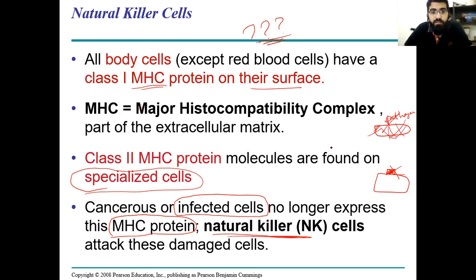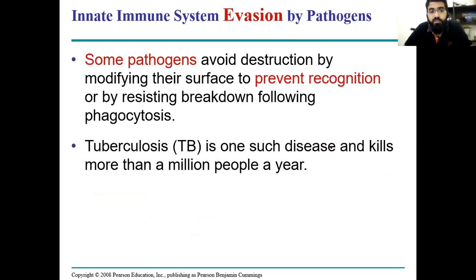Some pathogens avoid destruction by modifying their surface to prevent recognition, or by resisting breakdown following phagocytosis. Oh, this is dangerous, right? If the pathogen is able to modify its proteins on the surface so that your killer cells or your immune system cannot recognize these cells.